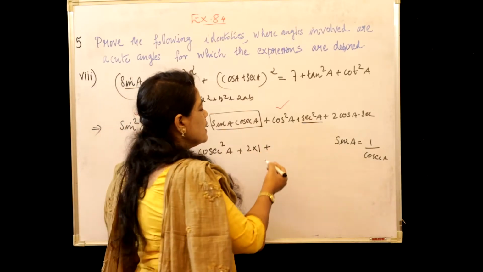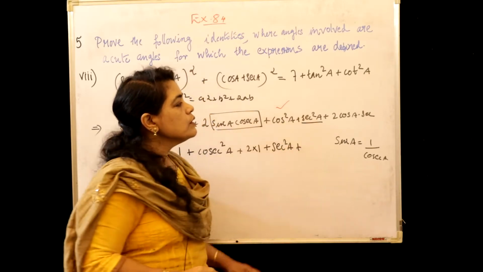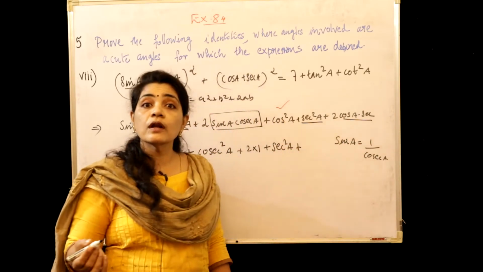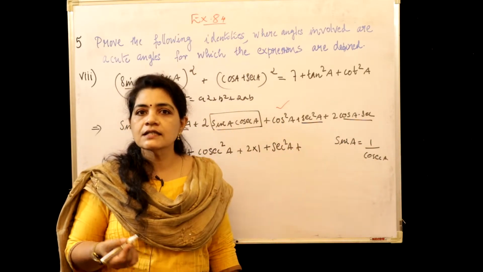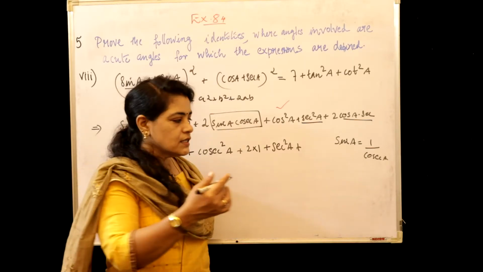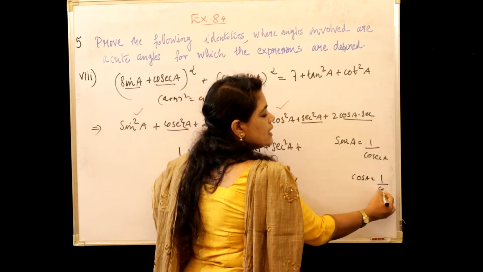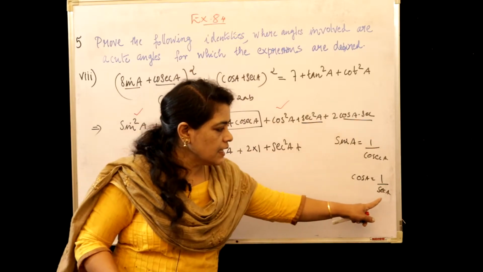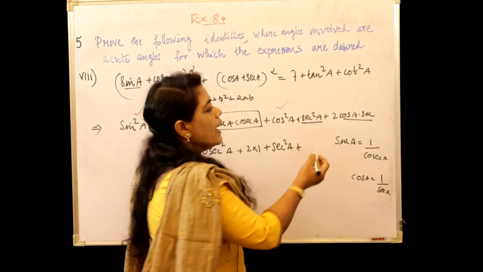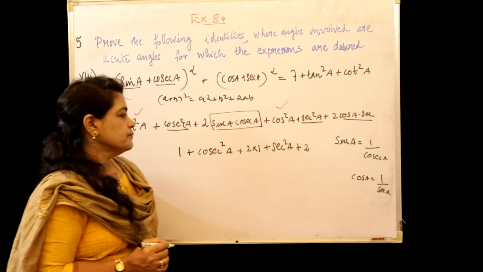Sec square A I am writing without any change. Here also 2 cos A into sec A: cos A and sec A are reciprocals, so the product is 1, and with the 2, that is 2 into 1, 2 itself.